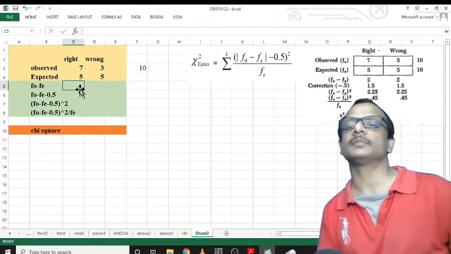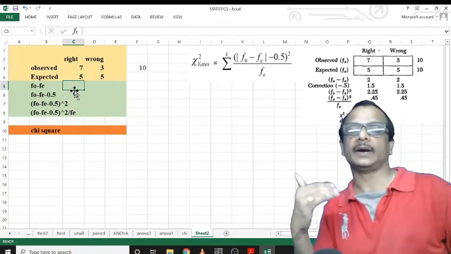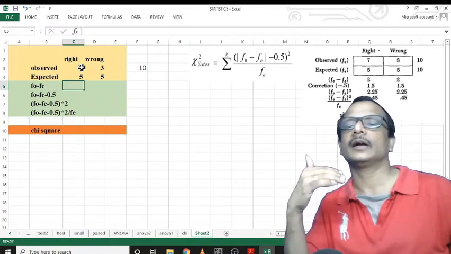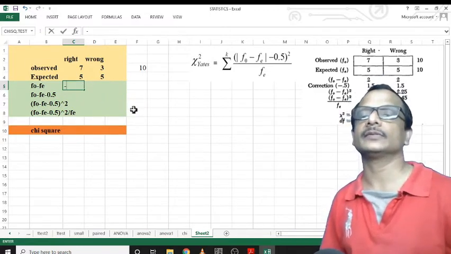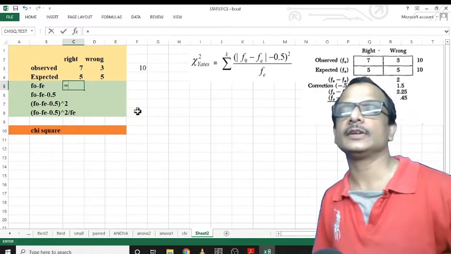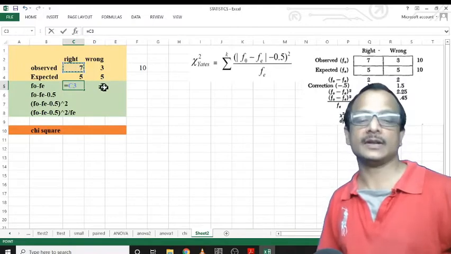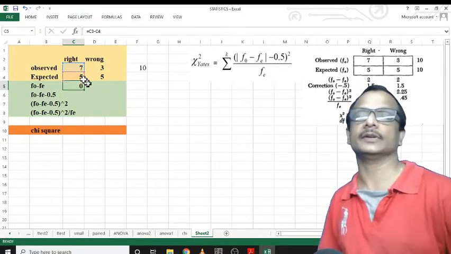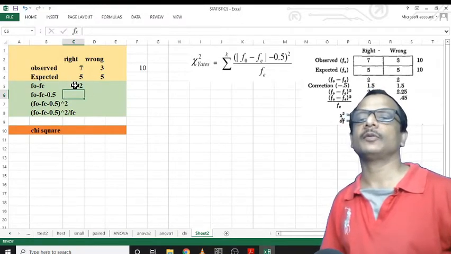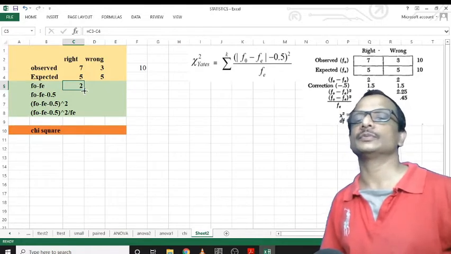First step, calculate Fo minus Fe. That means 7 minus 5, a simple calculation, which gives 2.